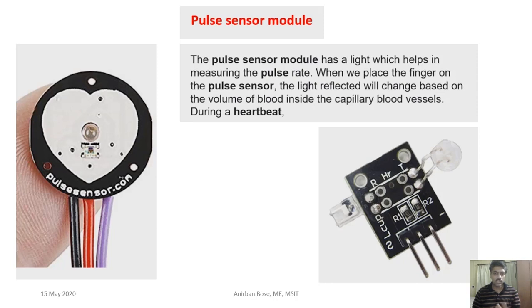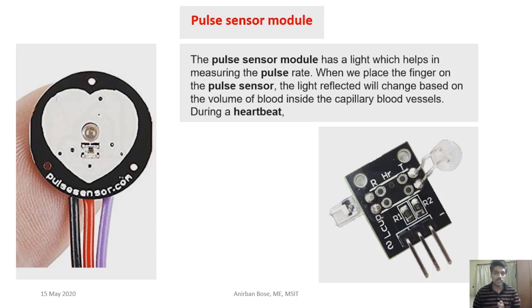So through this sensor it is possible to send certain medical data. If along with this sensor you connect a wireless module like either a radio frequency module or Bluetooth or Wi-Fi module, then it is possible to sense certain medical conditions of a patient from a far distance away.